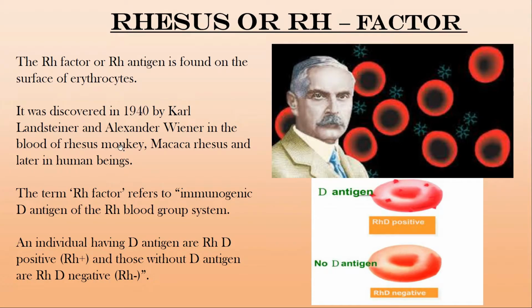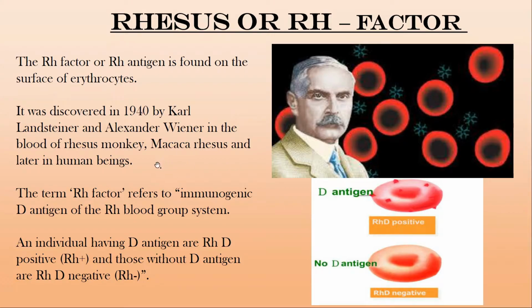Now let us learn the rhesus or the RH factor. RH factor or RH antigen is also found on the surface of the erythrocyte along with antigen A and antigen B. And this was first discovered by Karl Landsteiner and Alexander Wiener in 1940 in the blood of the rhesus monkey, Macaca rhesus.